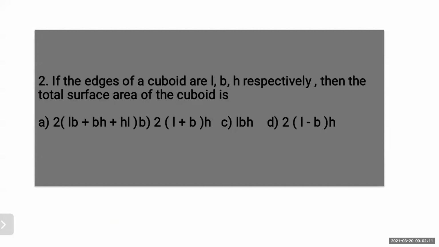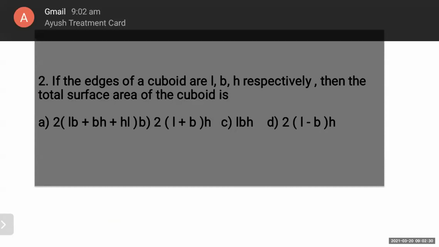So there will be fewer MCQ type questions. In MCQ type questions, they may ask the formulas, but otherwise mainly subjective type questions, that is for 1 mark, 2 marks and 3 marks, can be asked from this particular chapter.